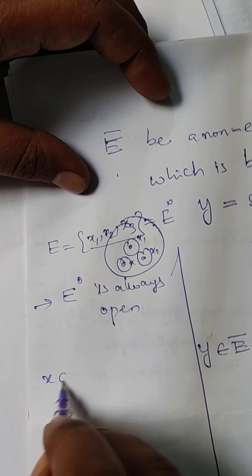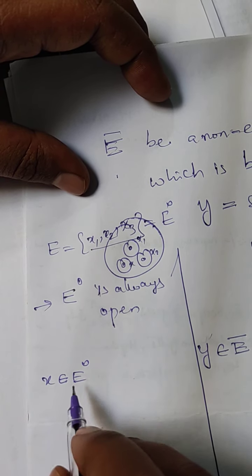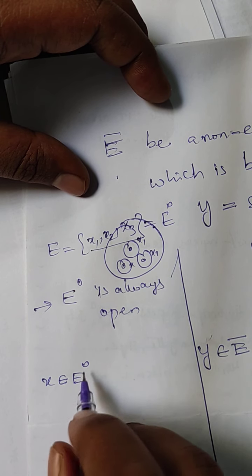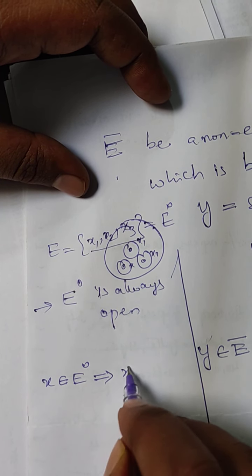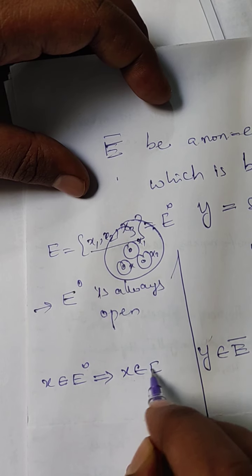To get that definition, for example, there is a point x belongs to E interior. That is what I have shown. We shall show that x is an interior point, x belongs to E interior, right?